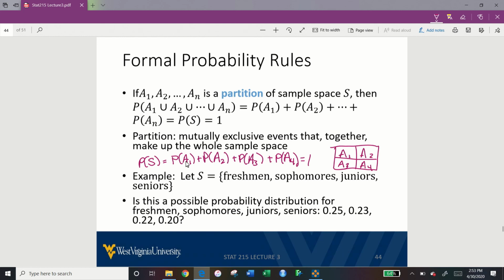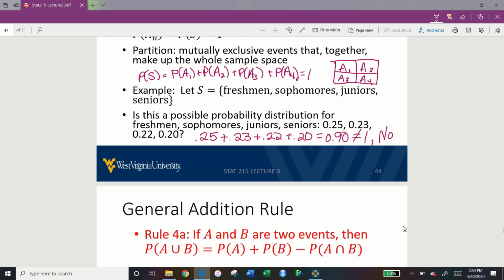If they don't, we have a problem. So let's add them up. 0.25 plus 0.23 plus 0.22 plus 0.20. Well, unless my math is wrong, I got 0.90, which does not equal 1. So, is this a possible probability distribution? The answer is no. Not when we're talking strictly about the undergraduate class.